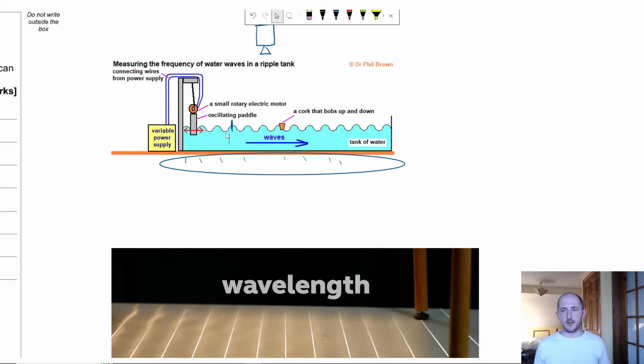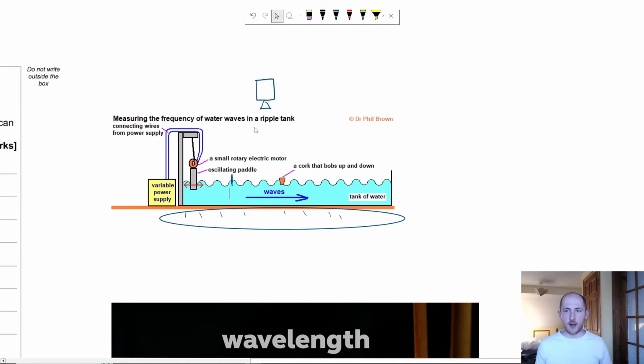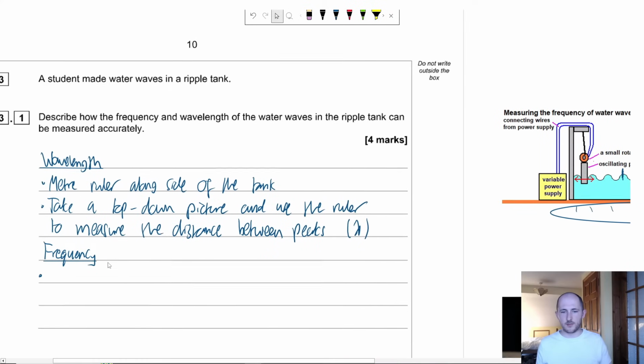The other thing you can do is use this camera you set up earlier. Most cameras, especially the ones you use in experiments, have timers on them. So you can literally just play it for a second in slow motion and count how many waves pass that point. Either one of those is completely fine. So I'm going to choose the latter option.